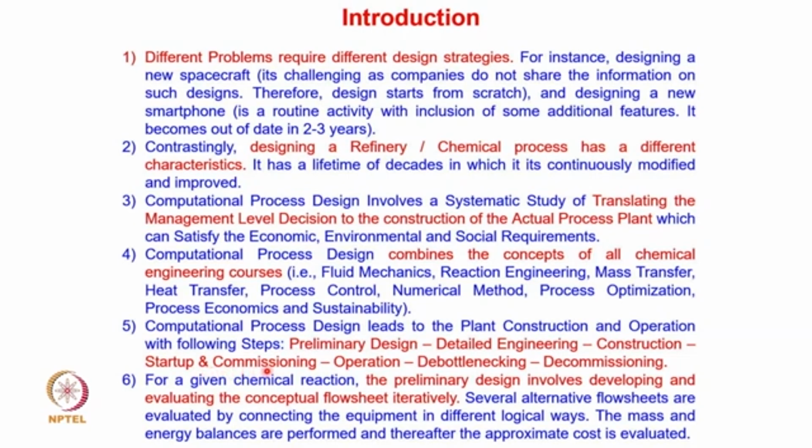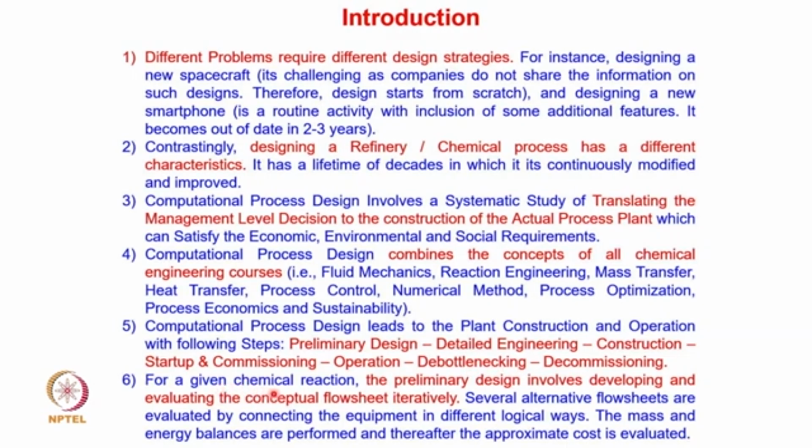After startup and commissioning, the operation of the plant is performed, and then the operation of the plant is continuously improved by adding modifications, which is referred to as debottlenecking, and at the end of the service life the plant is decommissioned. So in this case you can see that preliminary design is extremely important, because it leads to the decisions which are taken in the rest of the life cycle of the plant.